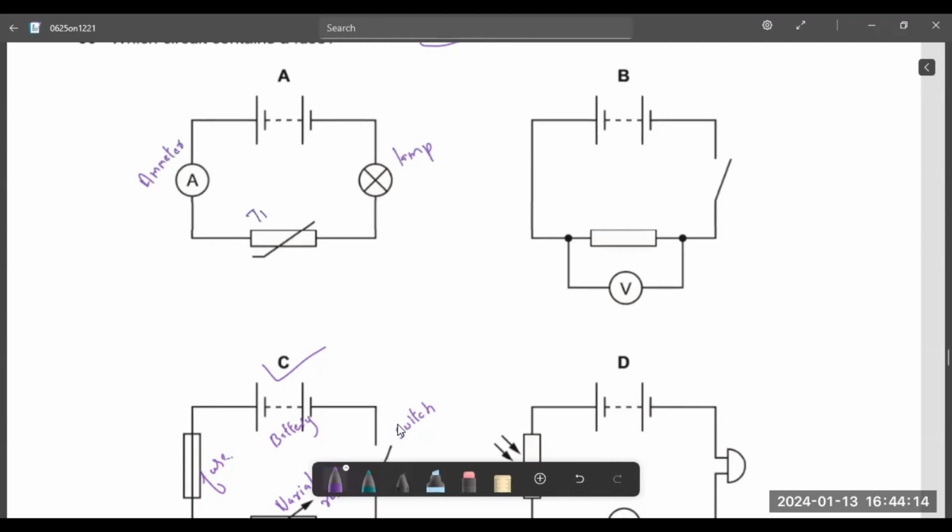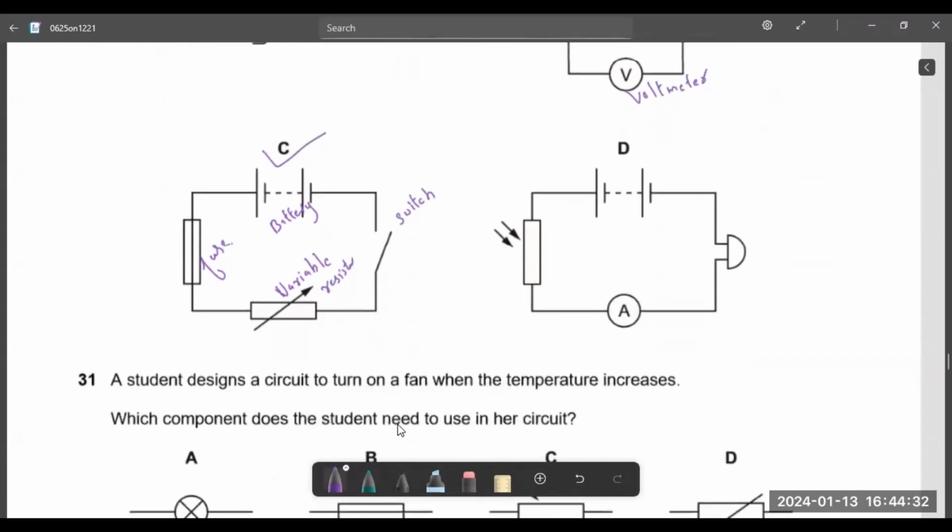This is for thermistor. Again, this is battery. This is a resistor. This is switch. This is for voltmeter. This is ammeter, switch, speaker, and this one is LDR.